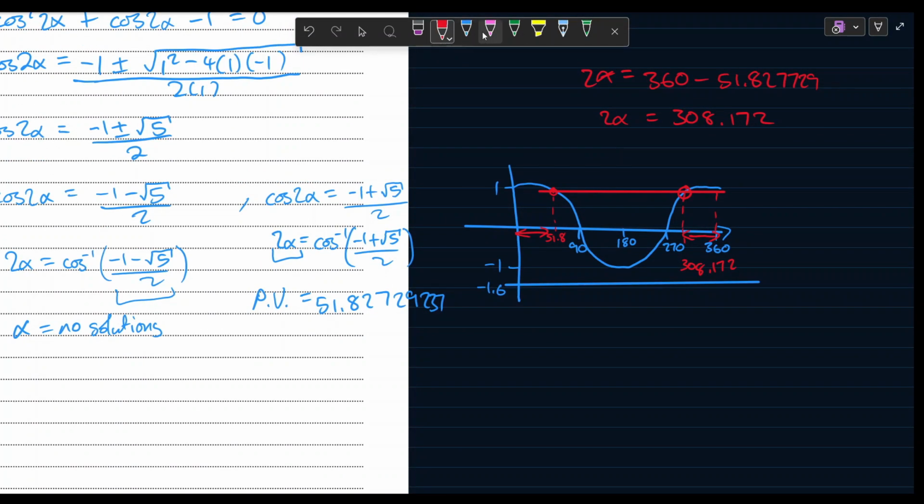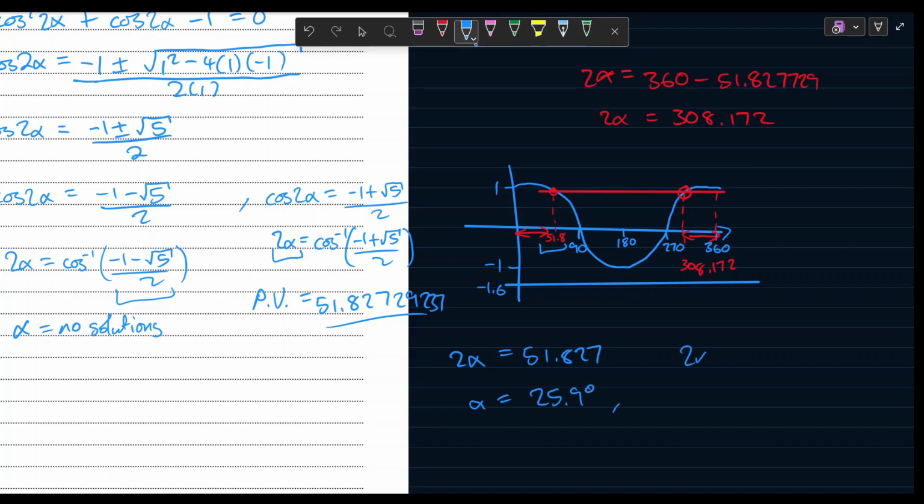So we can find the exact value for alpha. So either 2 alpha is our principal value, 51.827. So alpha would be, if we divide it by 2, 51.827 divided by 2, 25.9 degrees.